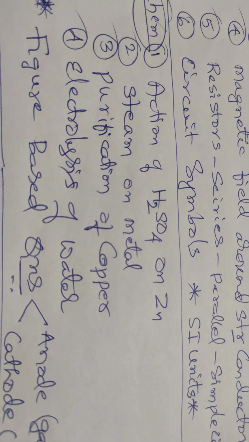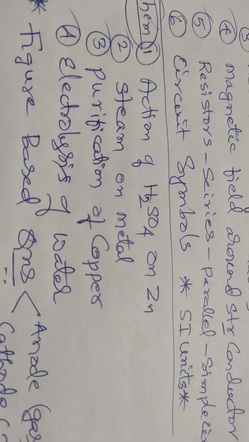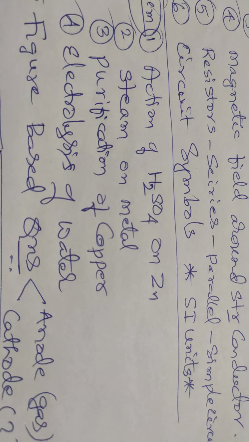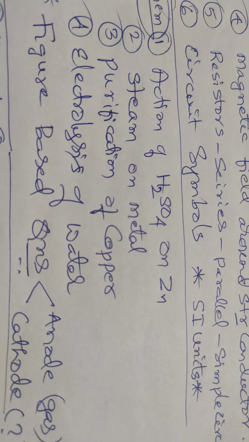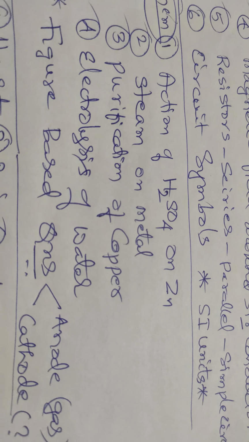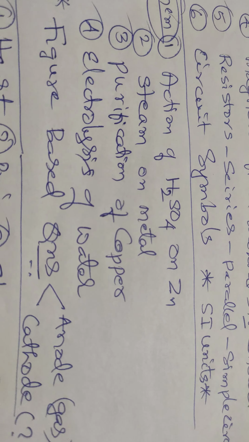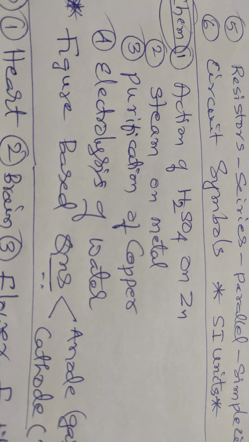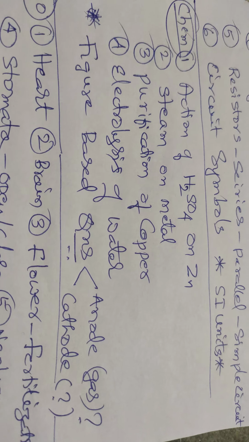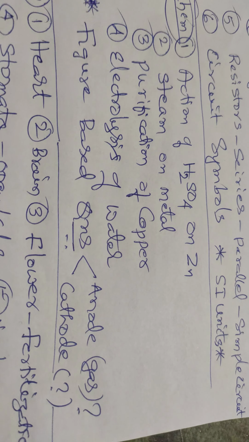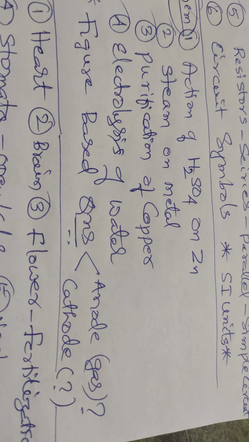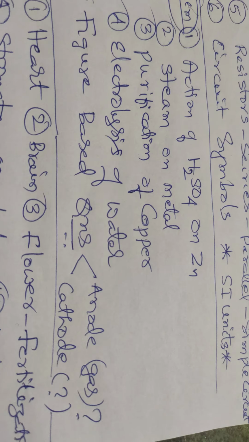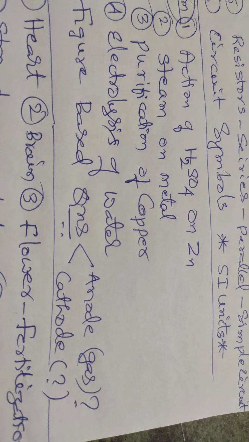In chemistry: action of sulfuric acid on zinc, action of steam on metals, purification of copper, electrolysis of water. Another very important thing to remember: one figure will be given for 1 mark, but that is a figure-based question.